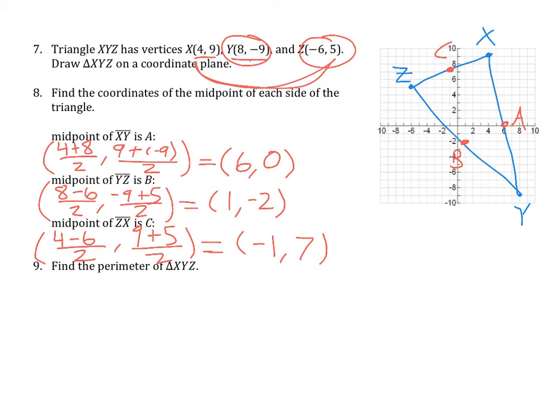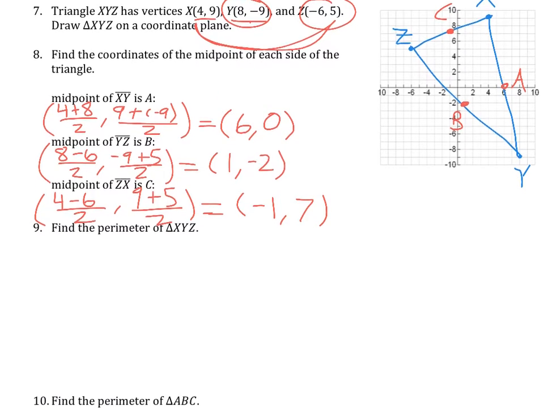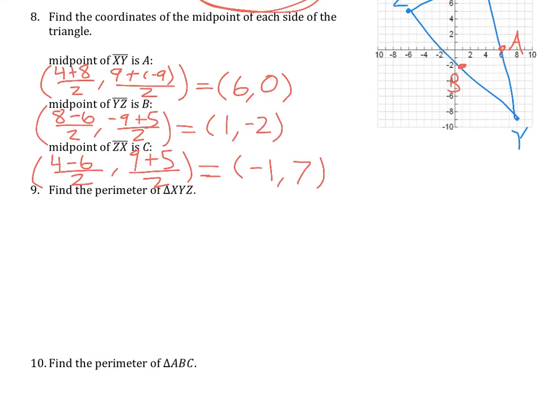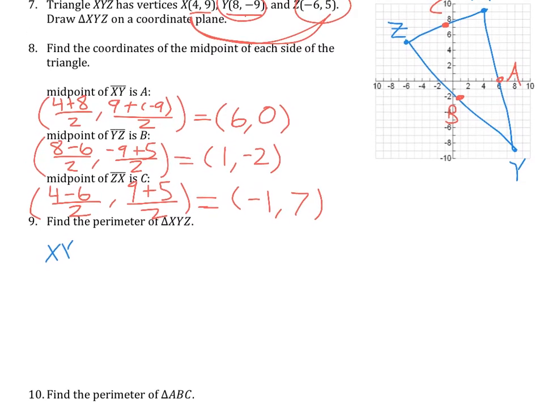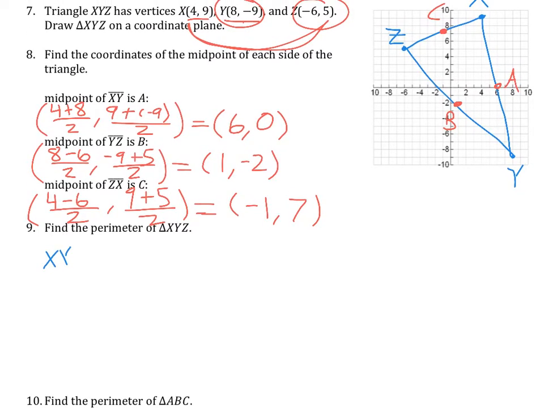Alright, they want us to find the perimeter of XYZ. So in order to find the perimeter, you have to find all 3 side lengths and add them together. So first I'm going to find XY, but I need the coordinates of X and Y to do that. So using the coordinates of X and Y, I'm going to do the distance formula.